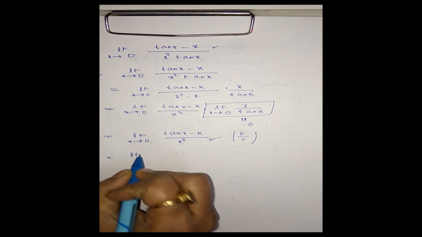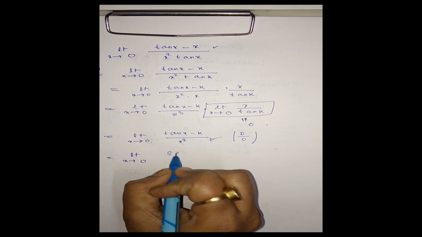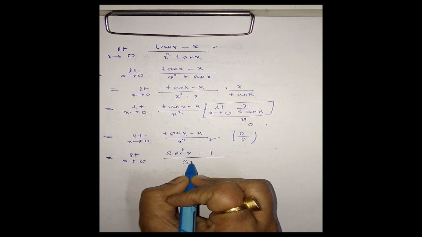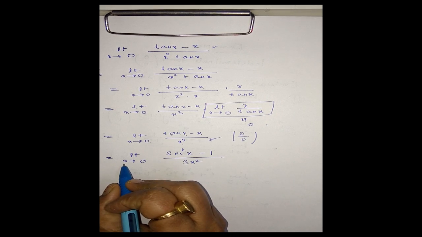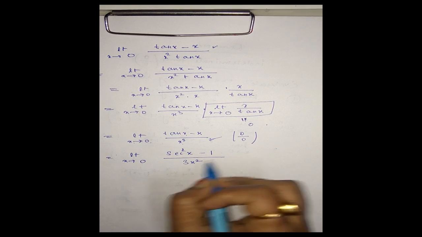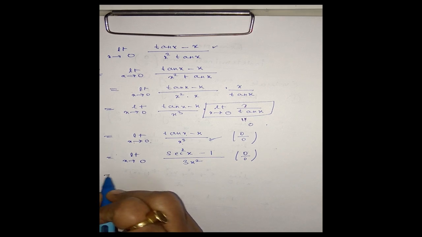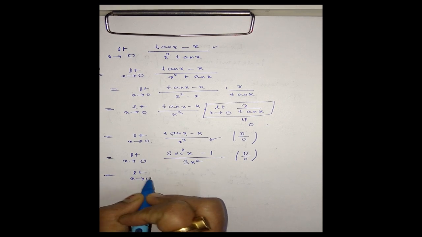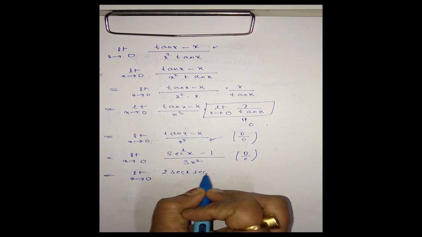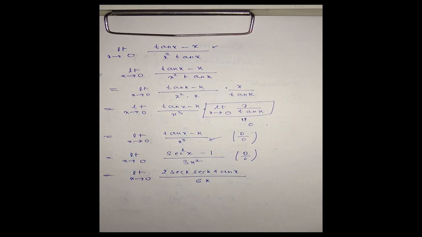Applying L'Hopital rule, we differentiate tan x with respect to x. We have (secant square x minus 1) divided by 3x square. On taking the limit as x tends to 0, this is 1 minus 1, 0, and again in the denominator I have 0. Again we are having 0 by 0 form. Then again differentiating, this is 2 secant x and secant x tan x, divided by 6x.